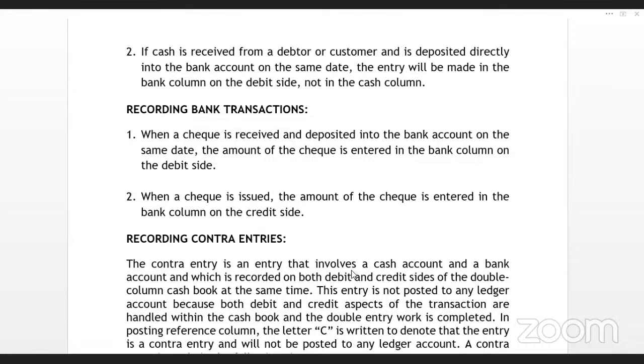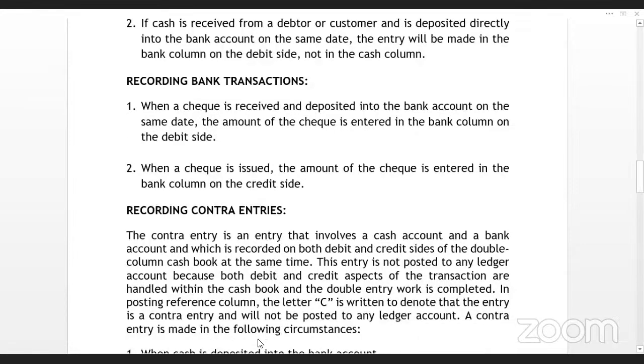So whenever you see capital C in the folio column or in the posting reference column, just know that there was a contra entry. So that entry will not be posted to any ledger account.